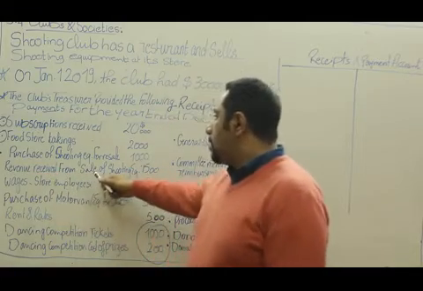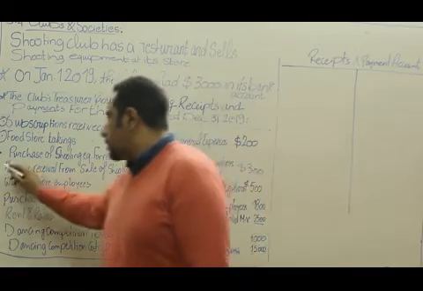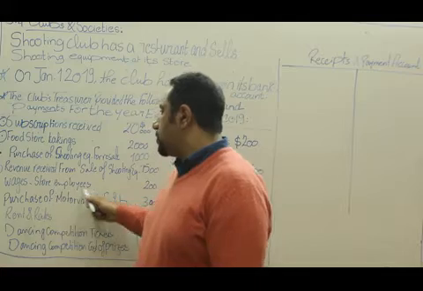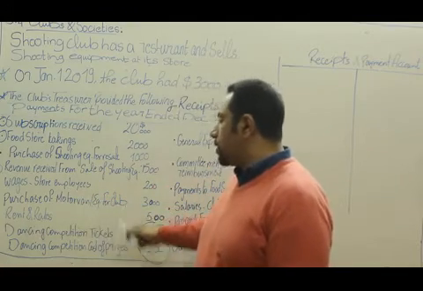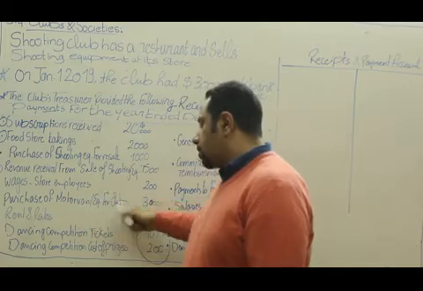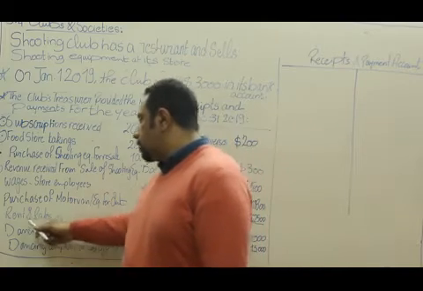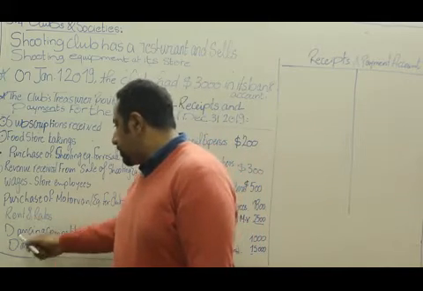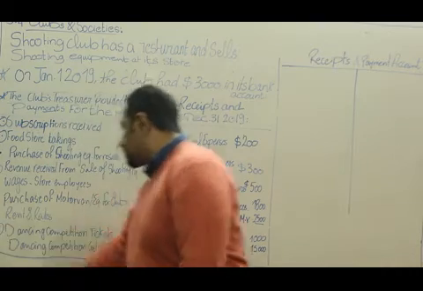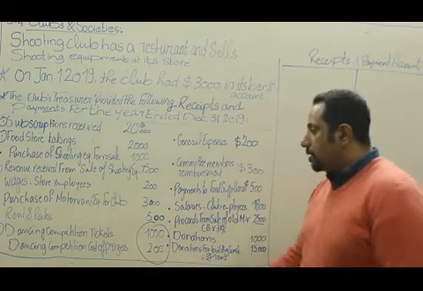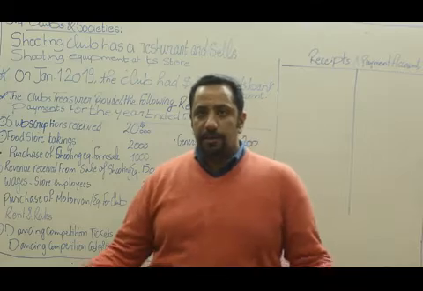Revenue received from sale of shooting equipment, a receipt again. Wages to store employees, a payment. Purchase of motor van, or an equipment for the club, this is a payment. Rent and rates, payment. Dancing competition tickets, I'm collecting for the tickets, this is a receipt. Dancing competition cost of prizes, certainly I'm paying.